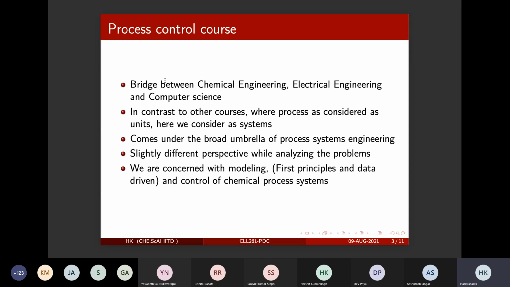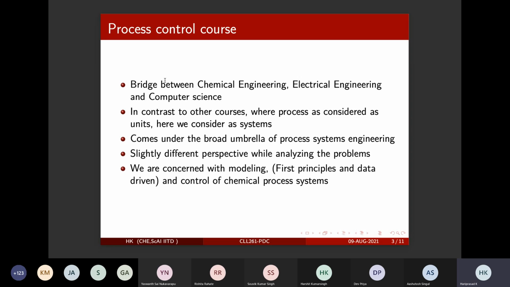Process control is process automation, and automation is typically the hardcore area of other engineers. It's not a hardcore chemical engineering or biochemical engineering area, so a lot of the content comes from electrical and, to some extent, CS.